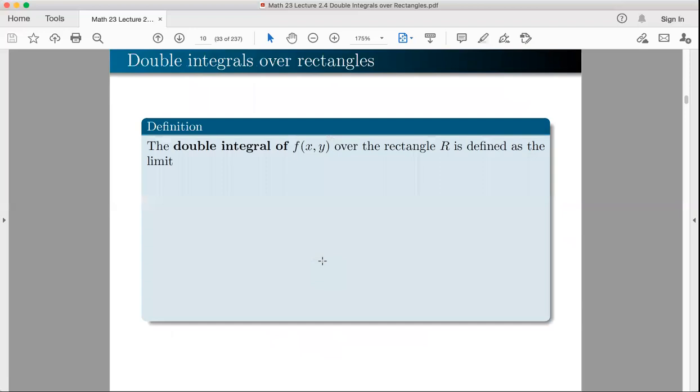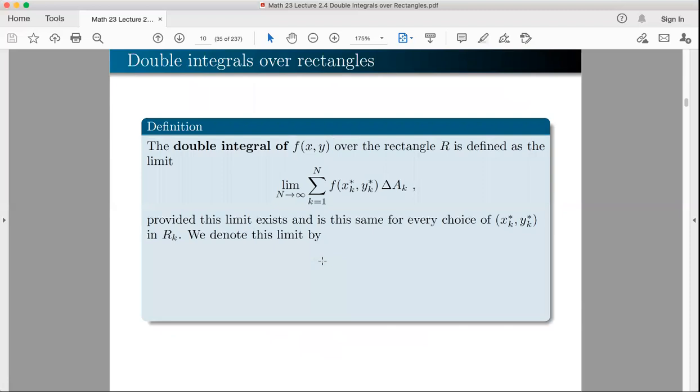So this limit is defined to be the double integral. Formally, the double integral of f of xy over the rectangle R is defined as the limit of the Riemann sum, and we denote this by the double integral symbol over the region R of f of xy dA, provided that this limit exists for every choice of xk, yk, and Rk.